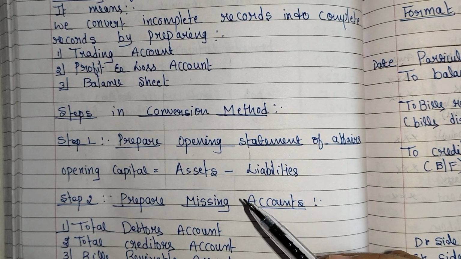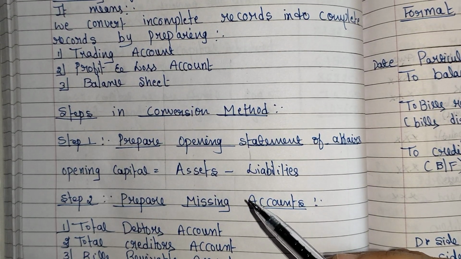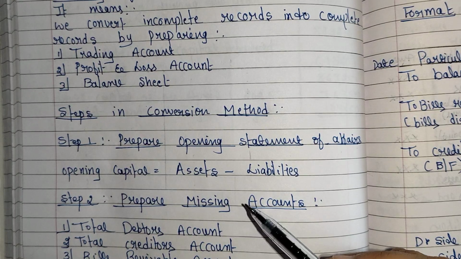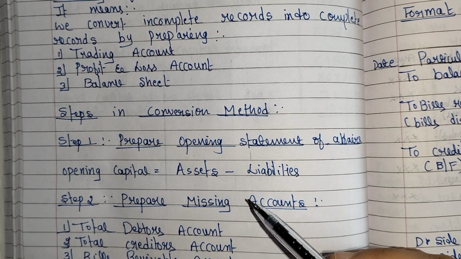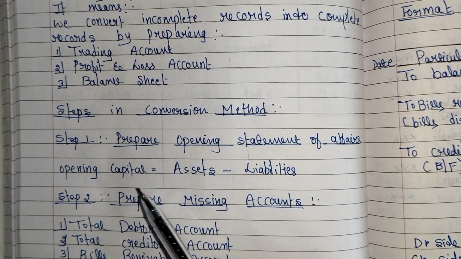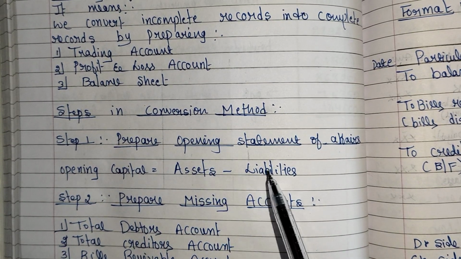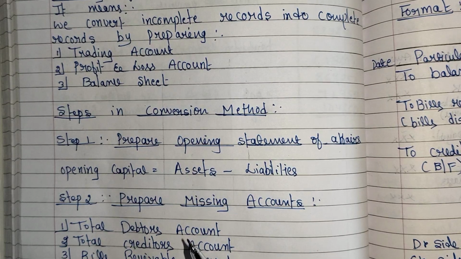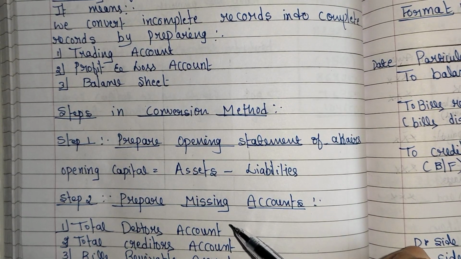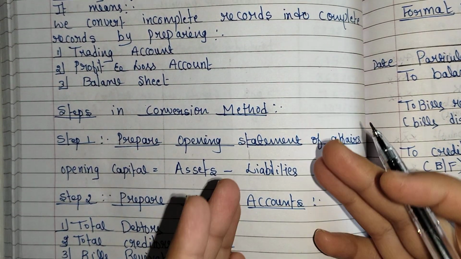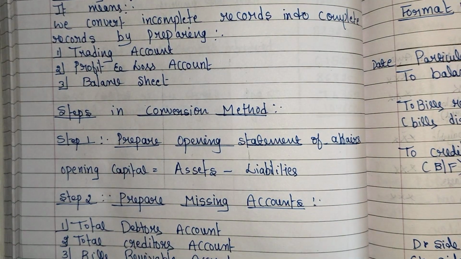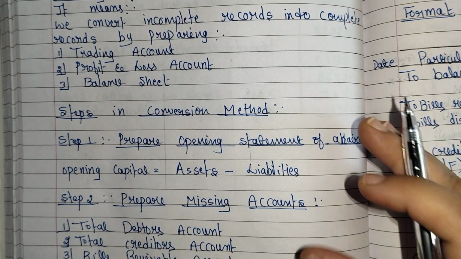Like the statement of affairs method, in that also first we prepare the opening statement of affairs to find out the opening capital. So the formula is opening capital equals opening assets minus liabilities. This helps us to know the capital at the beginning of the year. This is the first step.